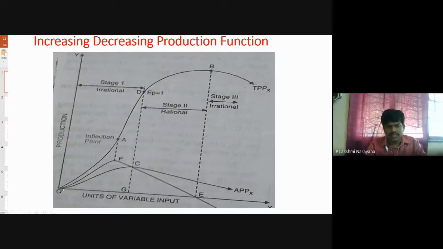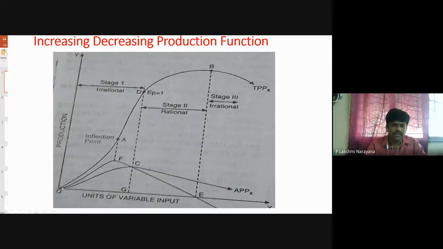So APP is the average production curve. Average production first increases up to point C, then continuously declines. It gets close to zero after some time, but it may not be negative at any point.